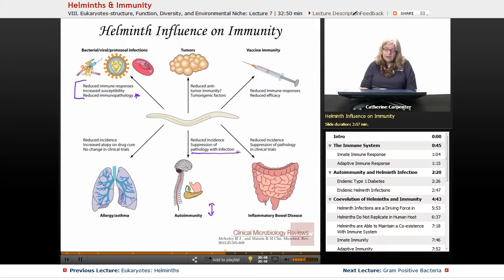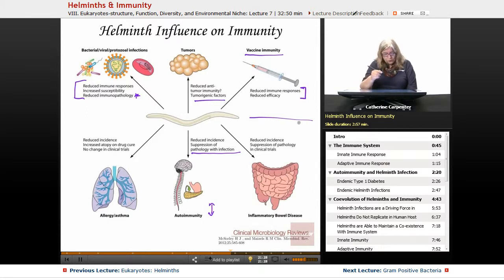Now, tumors. There is a reduced anti-tumor immunity. Tumorigenic factors may actually be enhanced. And in terms of vaccine immunity, there may be reduced immune responses and reduced efficacy. So really, the things above the worm are things that the actual helminth infection could make worse or suppress, or bring down the response that you would like to see in that particular situation.